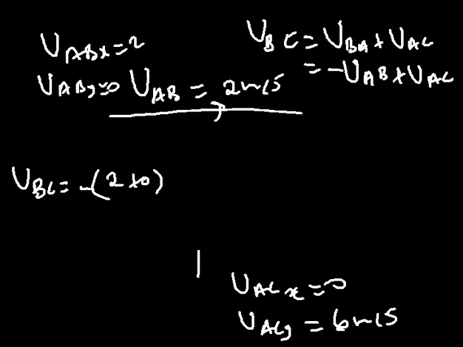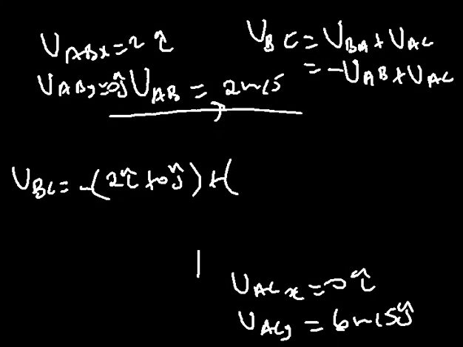We have this one as I, and this is J. So we have 2I plus 0J, plus 0I plus 6J.